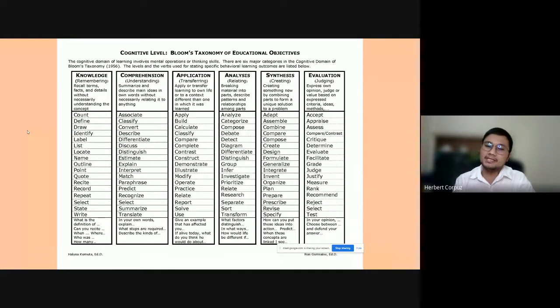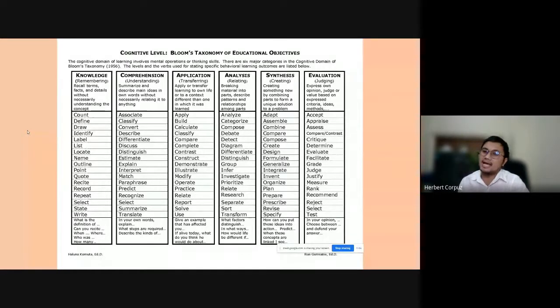The first three are the lower order thinking skills or LOTS, and the second three are the higher order thinking skills or HOTS. What are the LOTS? We have remembering, understanding, and transferring. What are the HOTS? We have relating, creating, and judging.